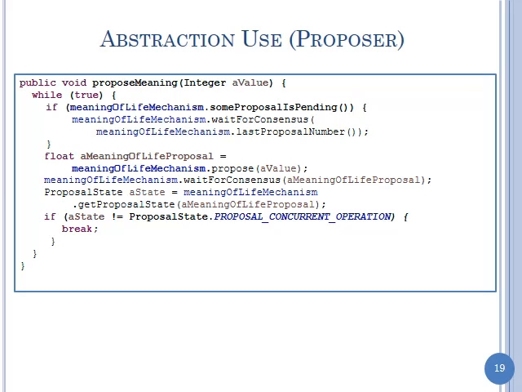And what am I doing? If it's not concurrent, it's either error or it's consensus. If it's error, I don't want to try again. If it's consensus, I don't want to try again. But if it was concurrent, I say, hey, let's try again.